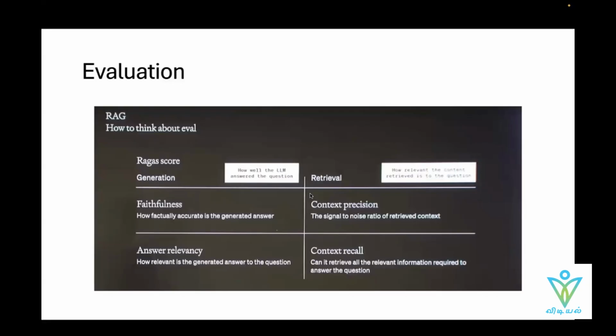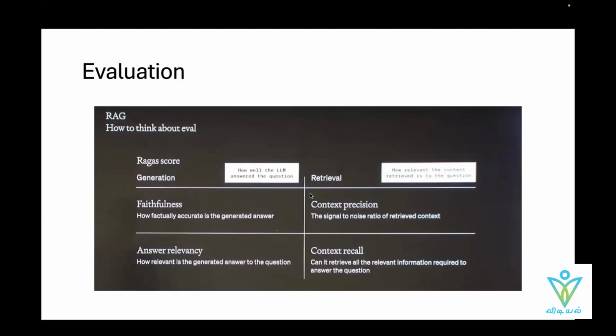Similarly, context precision is checked. That gives you how relevant the chunks retrieved are to produce an answer. And context recall is about how the relevant chunks are ranked, right?